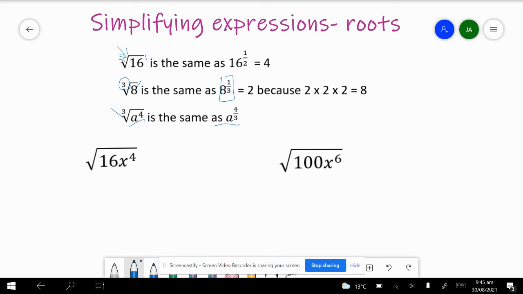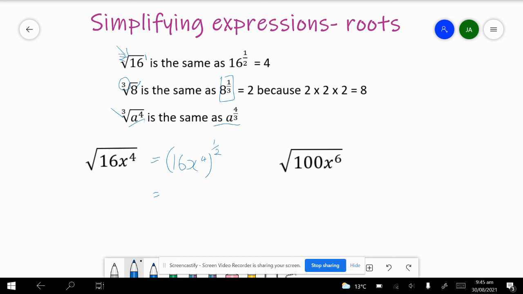Okay, right. So let's find the square root of 16x to the power of 4. We can rewrite it as 16x to the power of 4, all to the power of a half. Now the square root of 16 is 4, or 16 to the power of a half equals 4.